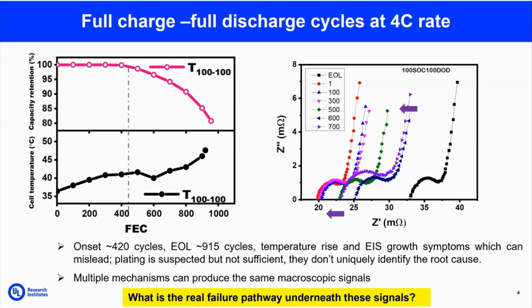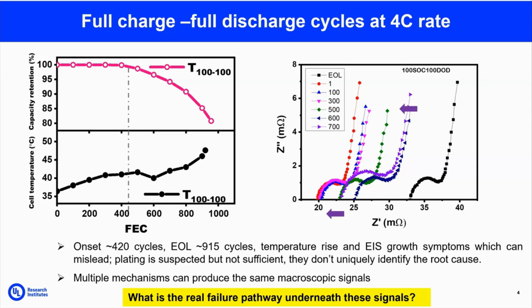But interestingly, after 400 cycles, where the onset capacity fade was observed, after a few cycles the cell resistance was reduced again. Which is very strange, and it is repeatable. Even when we checked with three different cells, the behavior is the same.